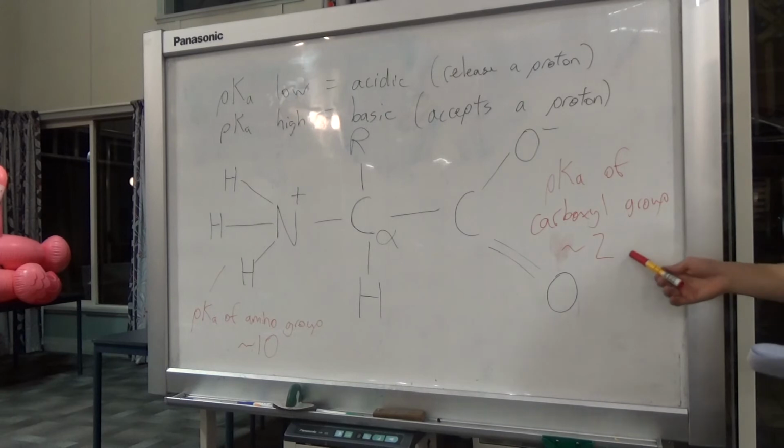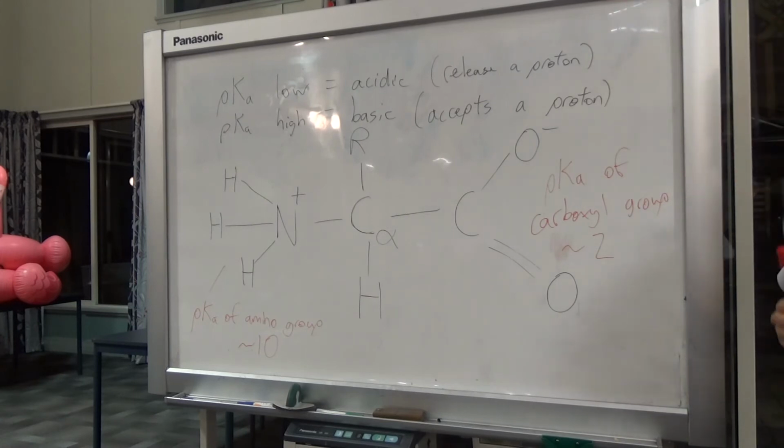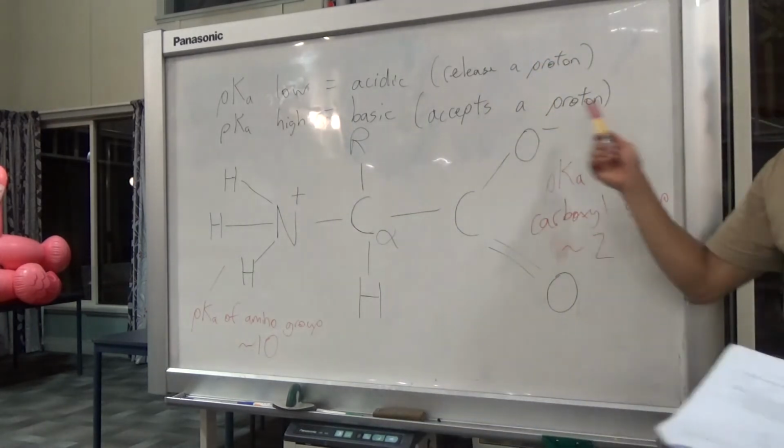Okay, so you can see that the pKa of the carboxyl group is much lower, so it's going to release a proton at physiological pH, while the pKa of the amino group is high, so it's going to be accepting a proton.